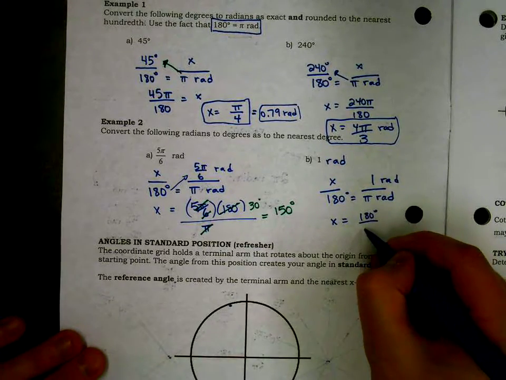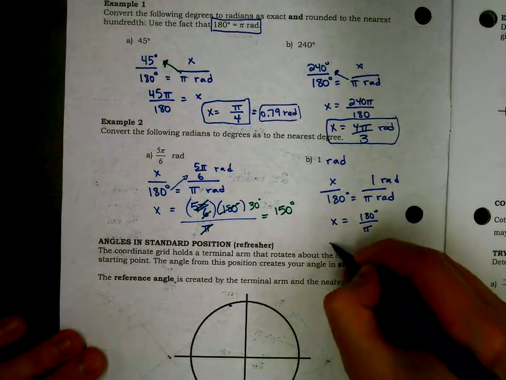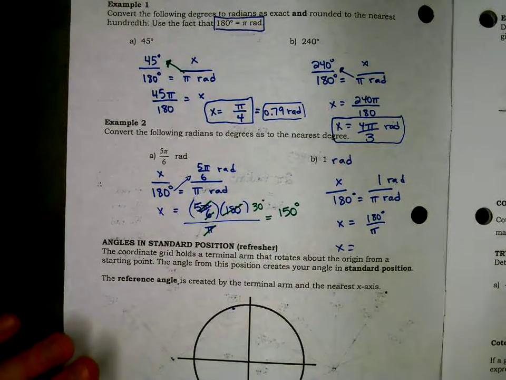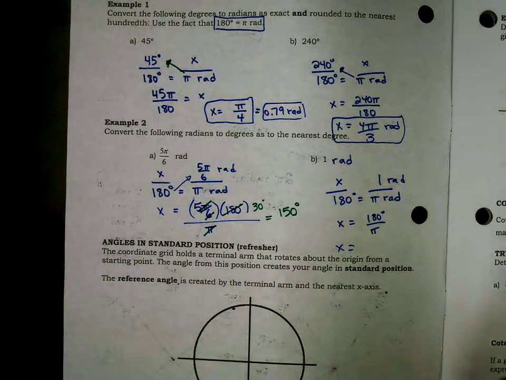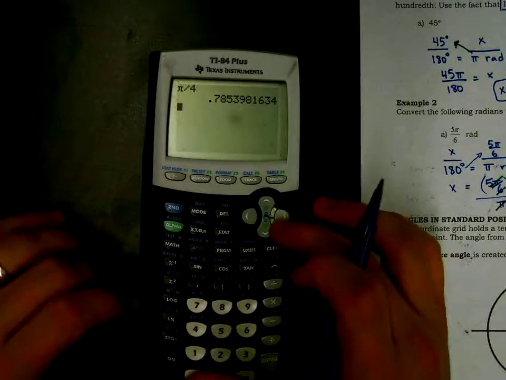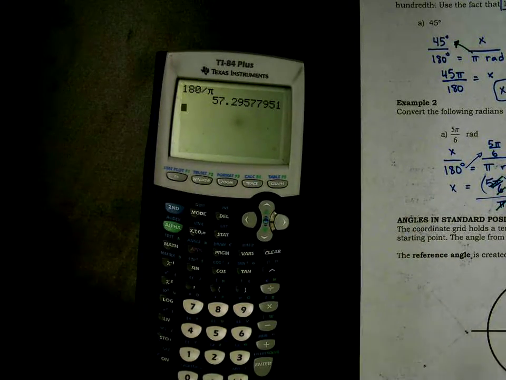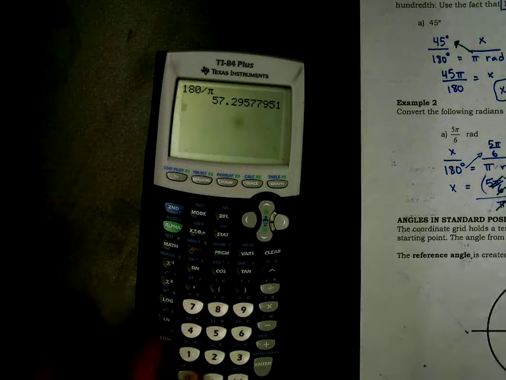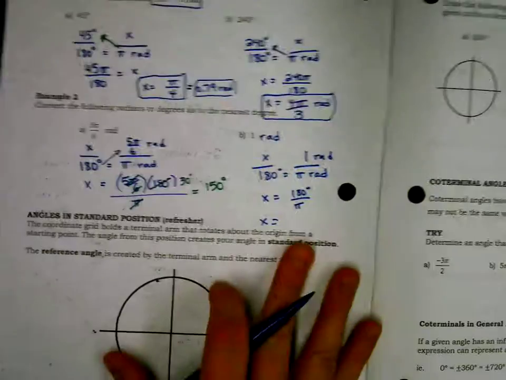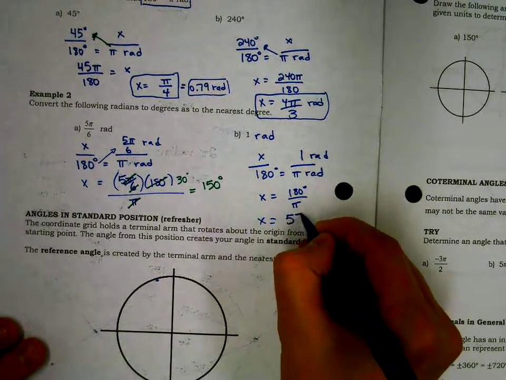We end up with 180 divided by pi. So how many degrees is 1 radian? Well, if we type into our calculator 180 divided by pi, we've got like 57.29-ish. I'll just call it 57 for the moment. And we've got 57 degrees.